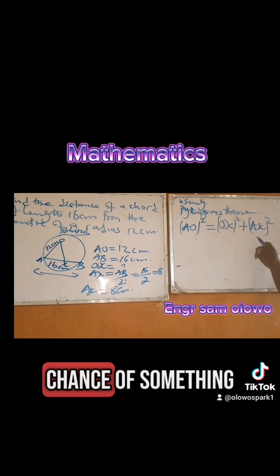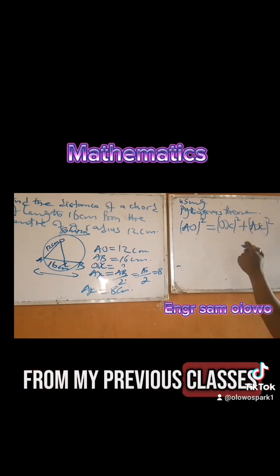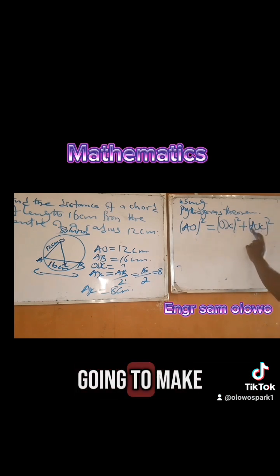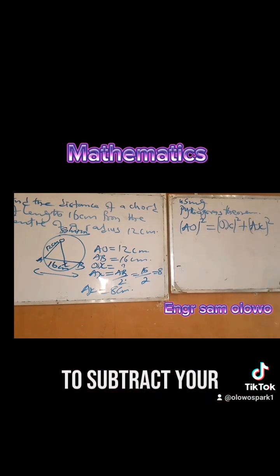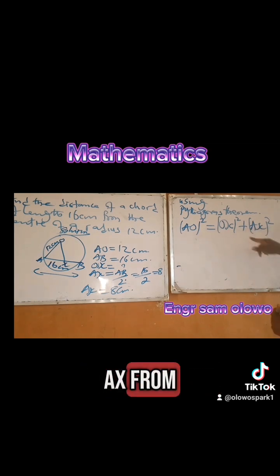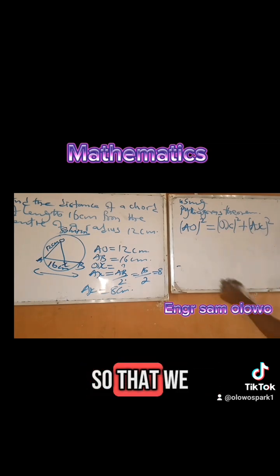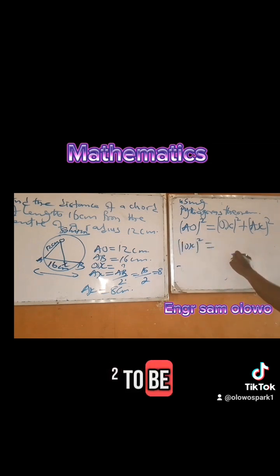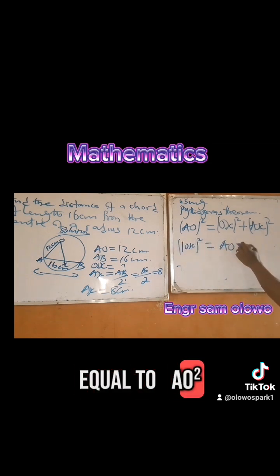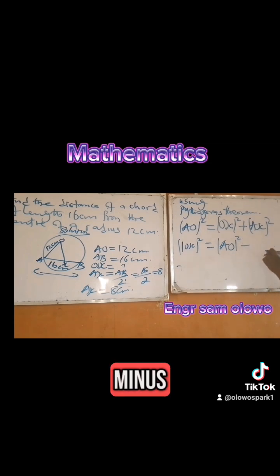I've explained changing the subject of the formula in previous classes. So we are going to make this come here. And the only way is to subtract AX square from both sides, so that we have line OX square equal to AO square minus AX square.